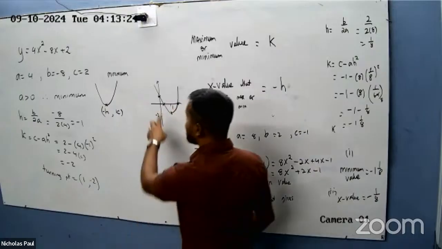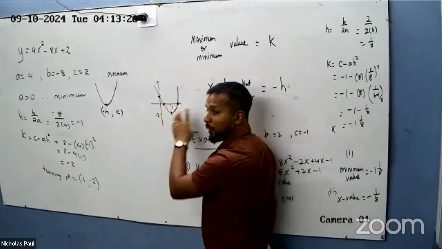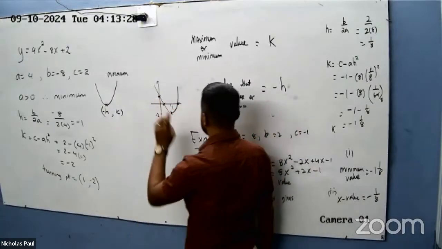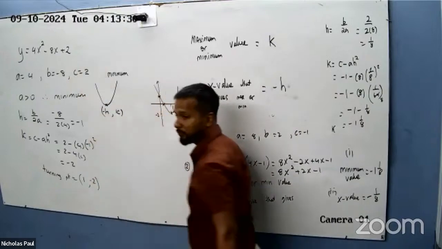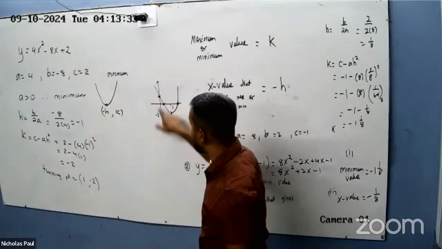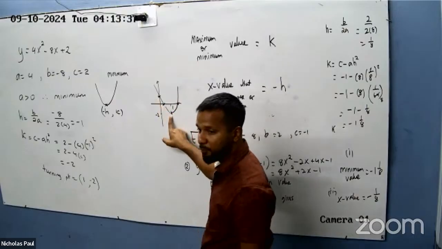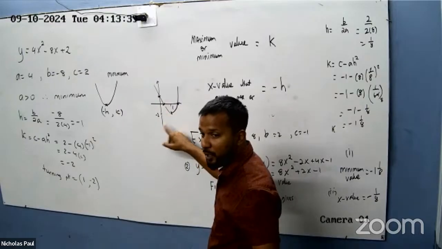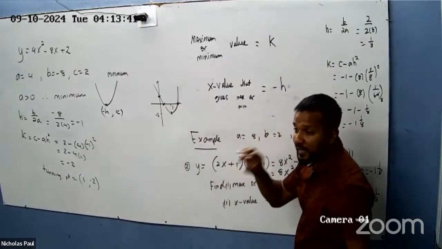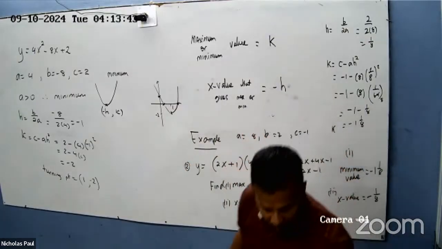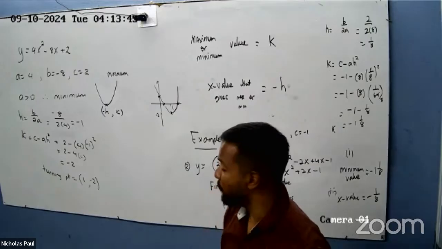If we could get those, 1, 2, 3, 4, we are guaranteed to get this quadratic. If we have those things, where it cuts the x, where it cuts the y, and the turning point, we're good to go. We'll be able to get that unique quadratic.